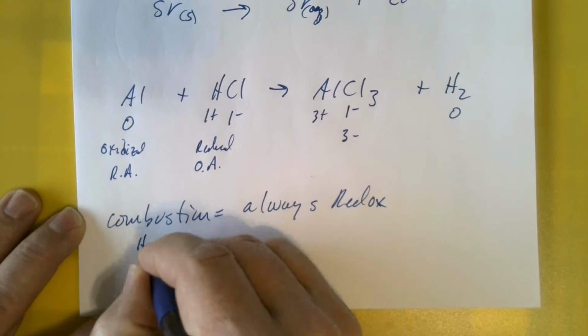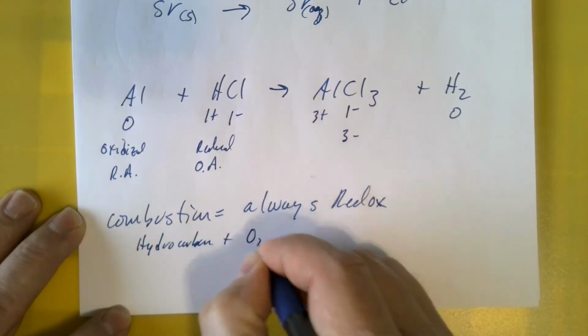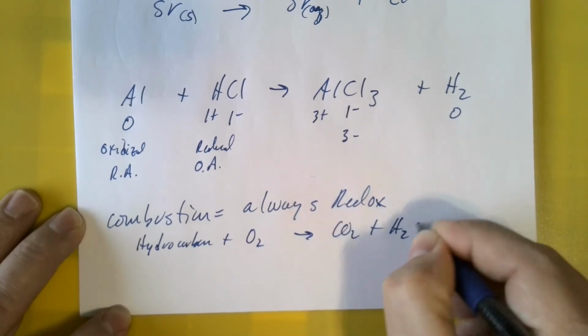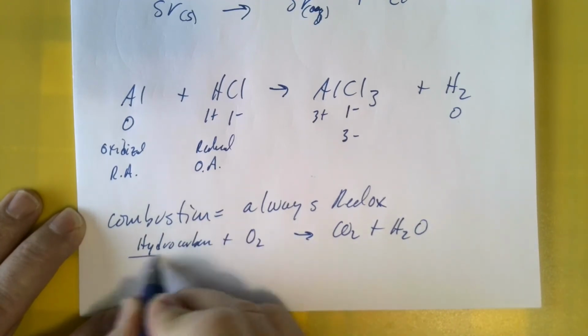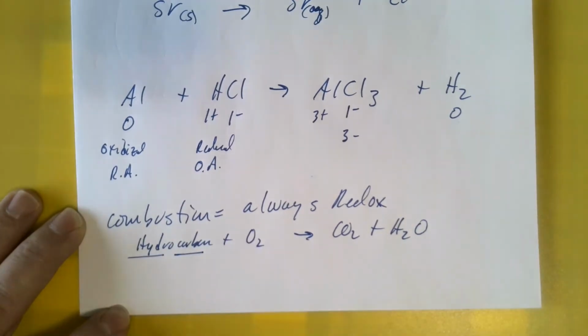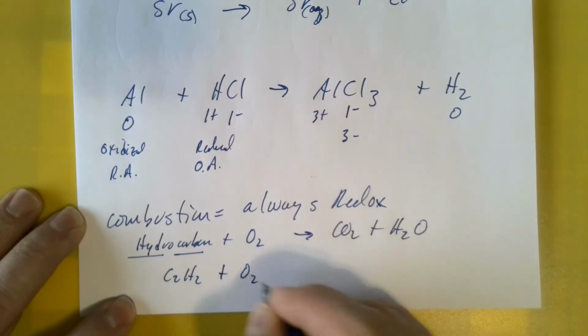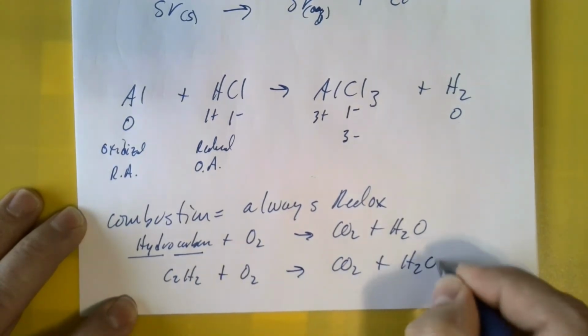It's going to be a hydrocarbon plus O2, and it's going to yield CO2 plus H2O. Now a hydrocarbon, it's right in the name. A hydrocarbon contains hydrogen and carbon. That's it. So like if I gave you C2H2 plus O2, that's going to yield CO2 plus H2O.